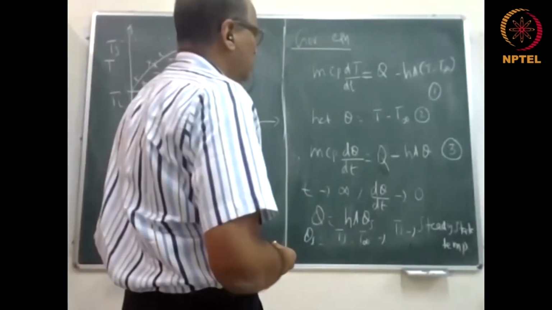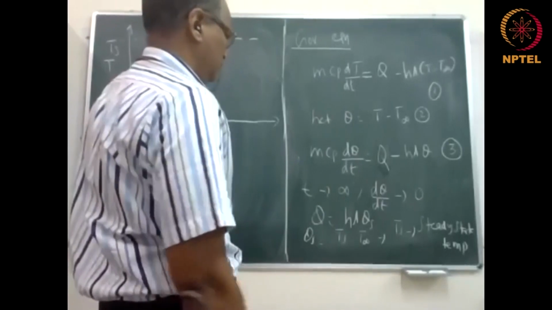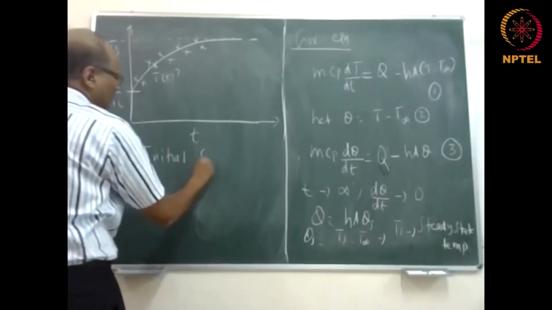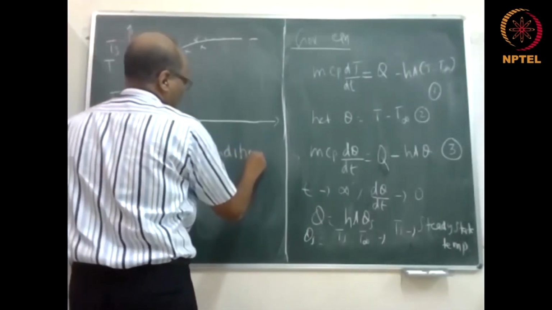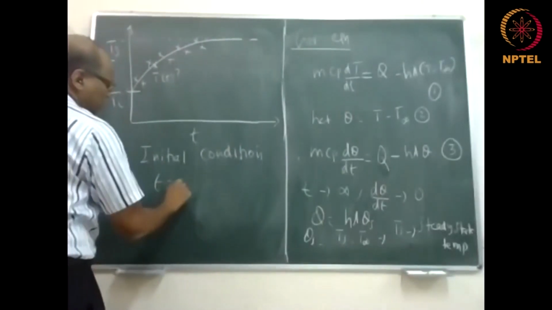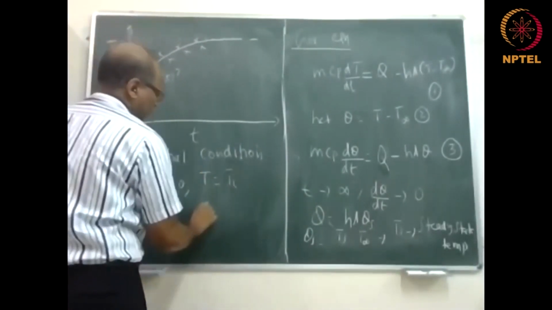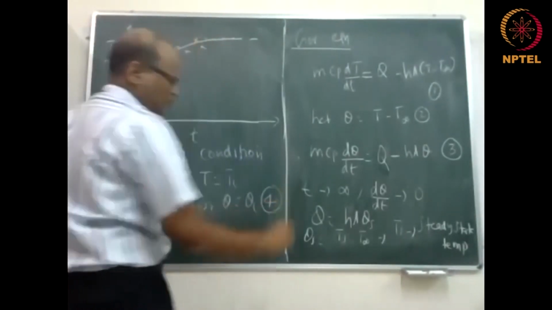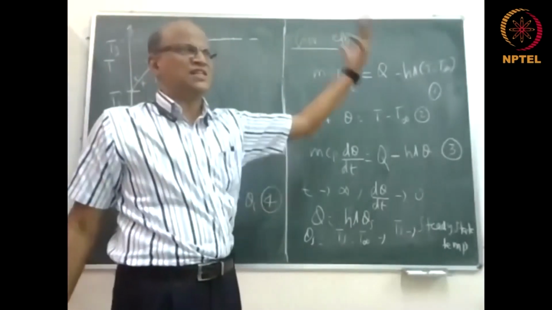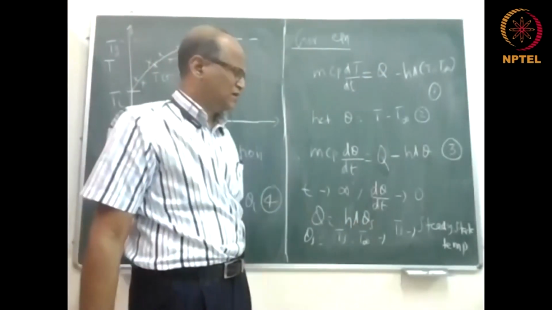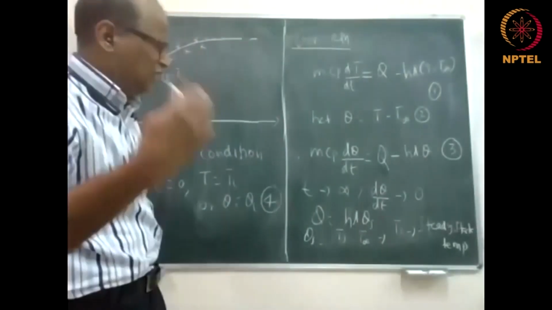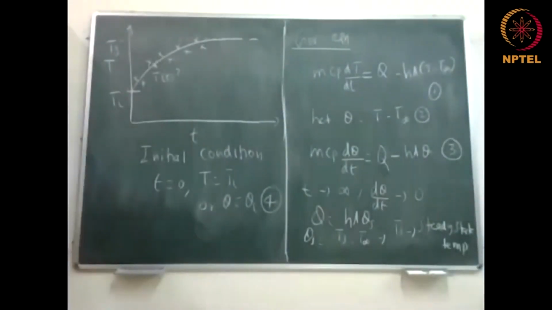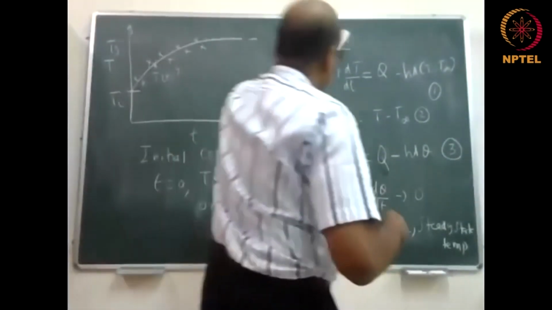Now, the solution. Initial condition: at t equal to 0, T equal to Ti, or theta equal to theta i. It starts with a particular initial temperature. Let's say it starts at 100 degrees centigrade, and then it can start with T infinity also. Doesn't matter.